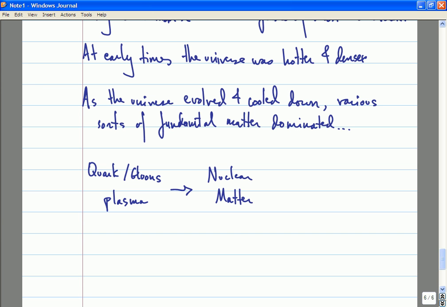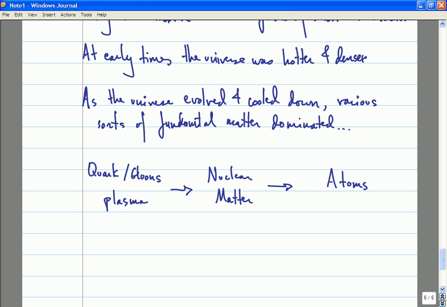And then as the universe cooled further, the various nuclei would form into atoms. So the various neutrons would decay into protons and electrons, and then these protons and electrons and neutrons would form together to form atoms and molecules of the sort that we are familiar with today.